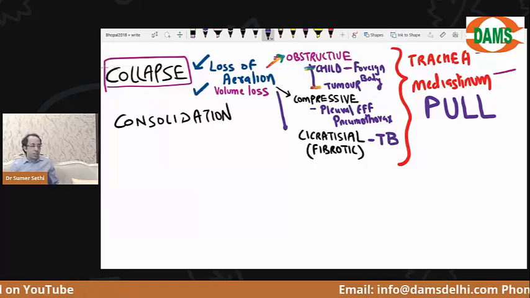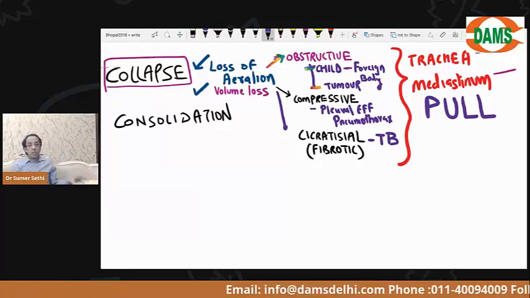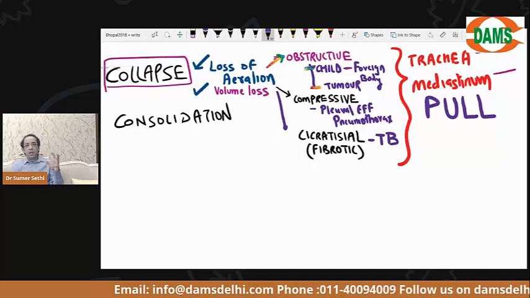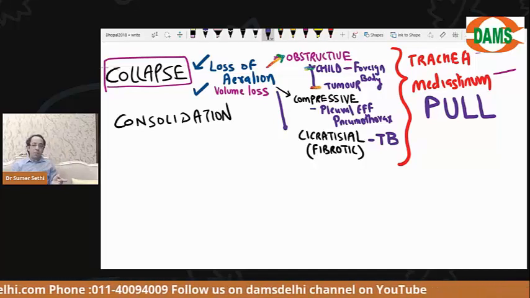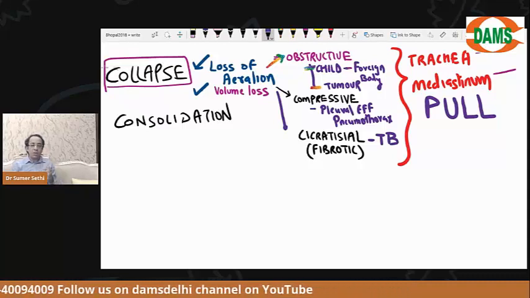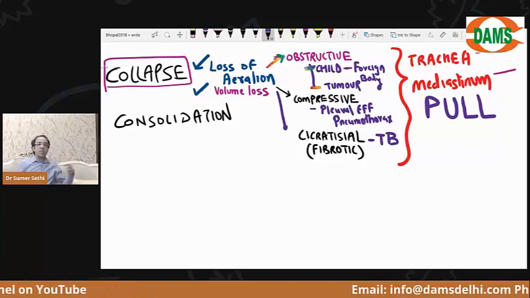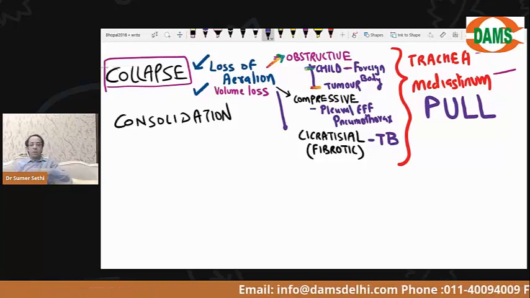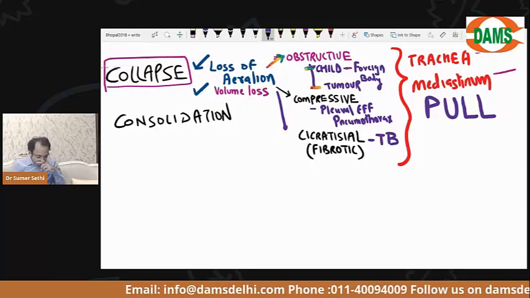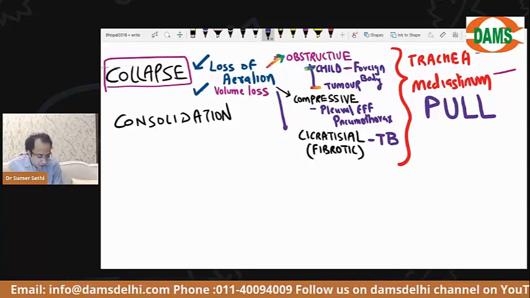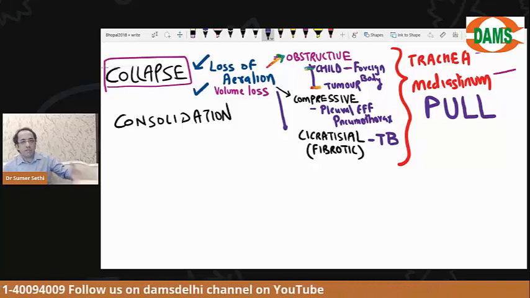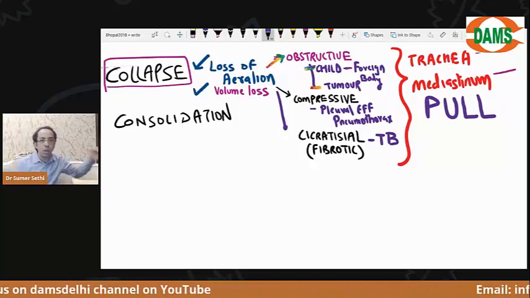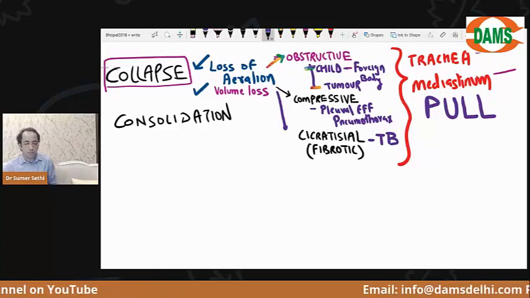I am sure you can understand now. A normal lung has air, so it is black. Collapse will be white, and you will also see evidence of volume loss. The trachea will be pulled towards the side of the disease. The heart and the mediastinum will be pulled towards the side of the disease. Yesterday, some of you were asking what is push, what is pull. Coming towards the disease is pull, going away from it is push.